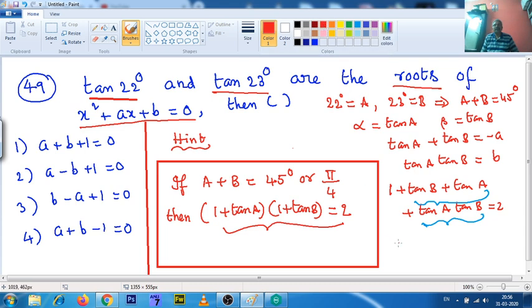So, we get 1 plus tan B plus tan A, both are same, minus A, plus tan A tan B is equal to B, equals 2. So, that means 1 minus A plus B equals 2, which means B minus A plus 1 is equal to 2.